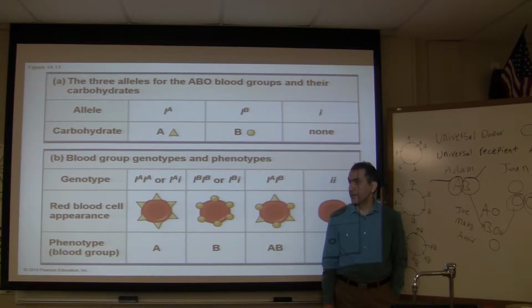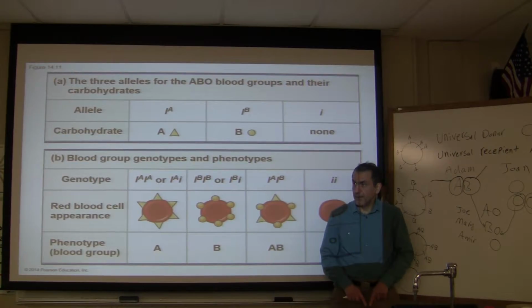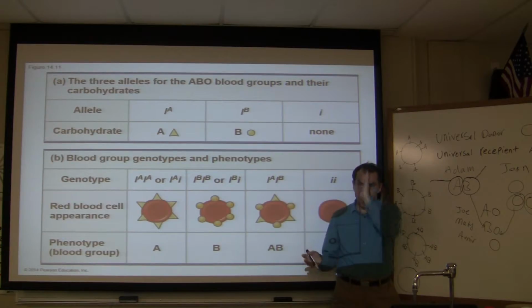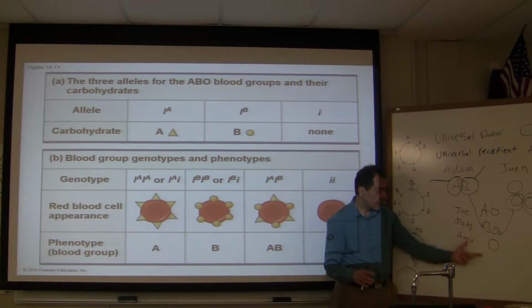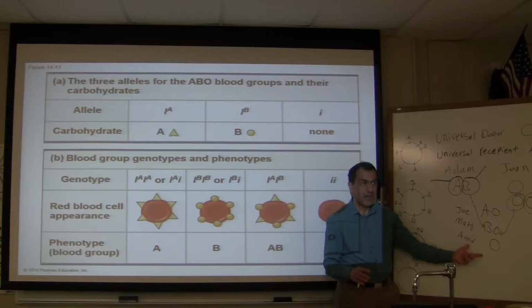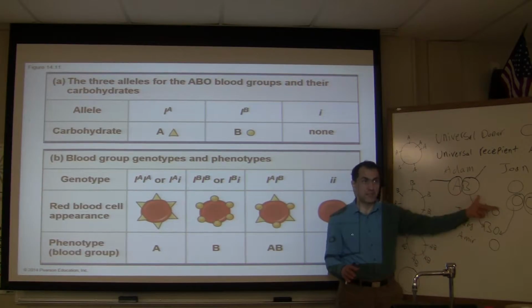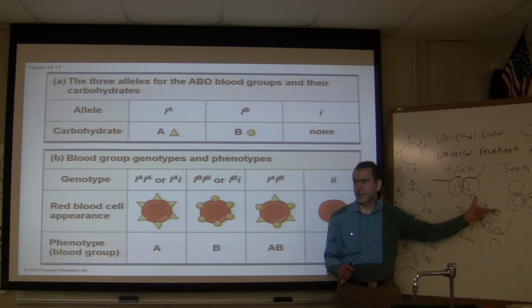From Joan. So Joan gives off 2 eggs. Remember, half of you is from your father, half of you is from your mother. So how is it possible that Amir has blood type O and is the child of these 2 characters?